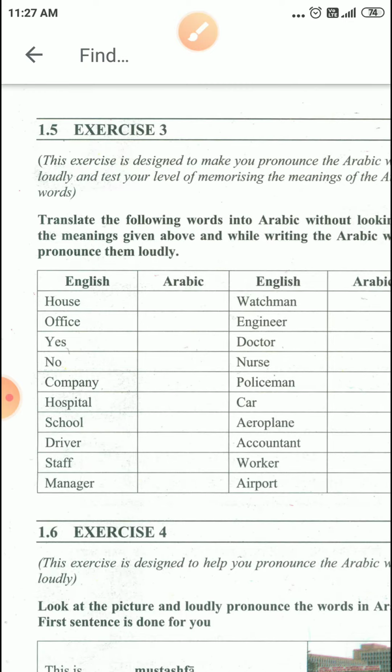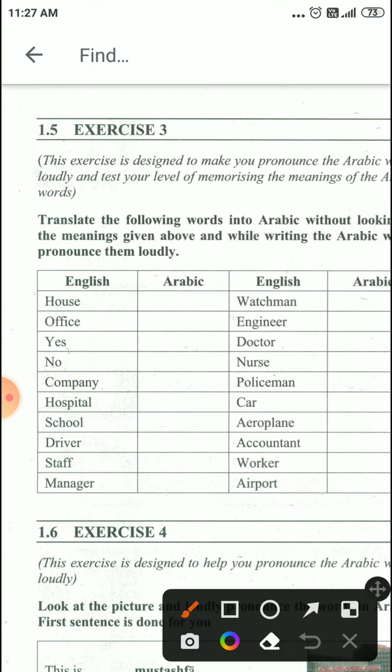Now there are English words. We have to translate these English words into Arabic. First one is house, which means bait. Second one is office, which means maktab. Third one is yes. Yes means na'am. No means la.